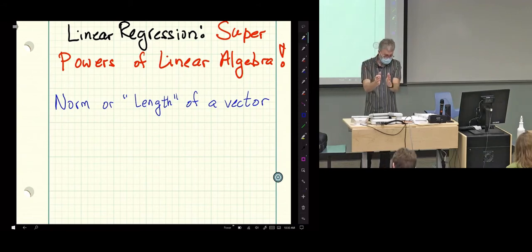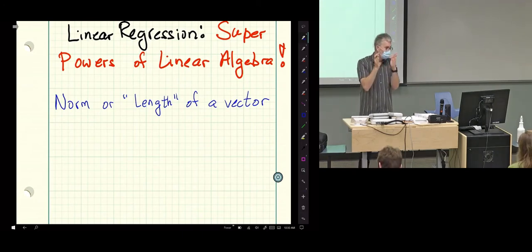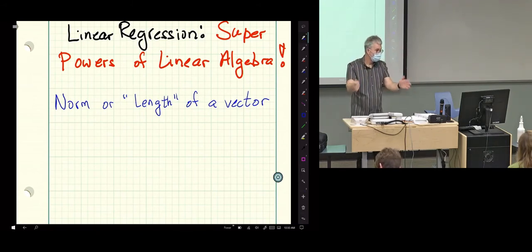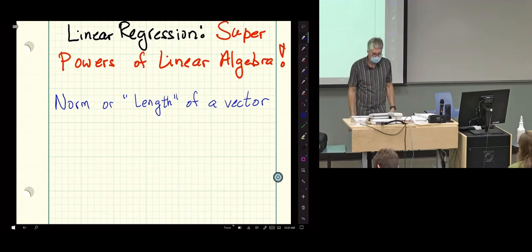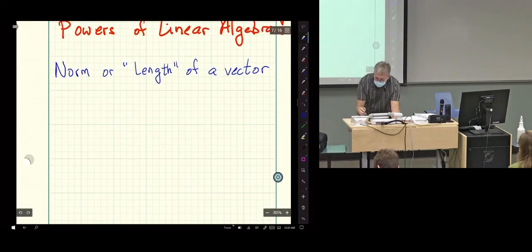That's going to be a vector. When it has a solution, that is the zero vector. It's going to have really short length, zero length, okay? That's a perfect solution. When it doesn't, how small can we crunch down that error? What is the minimum? Does a minimum exist? Is it unique? Are there 7 minima? Whatever. What's the situation? So the first thing we need is a definition of a norm.